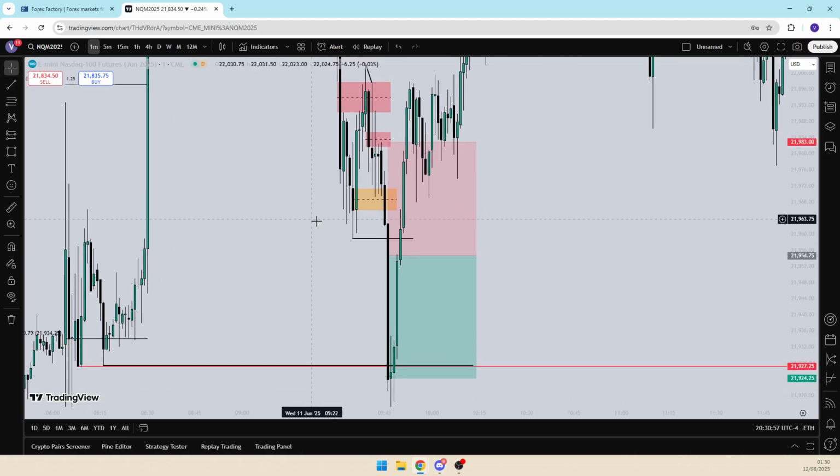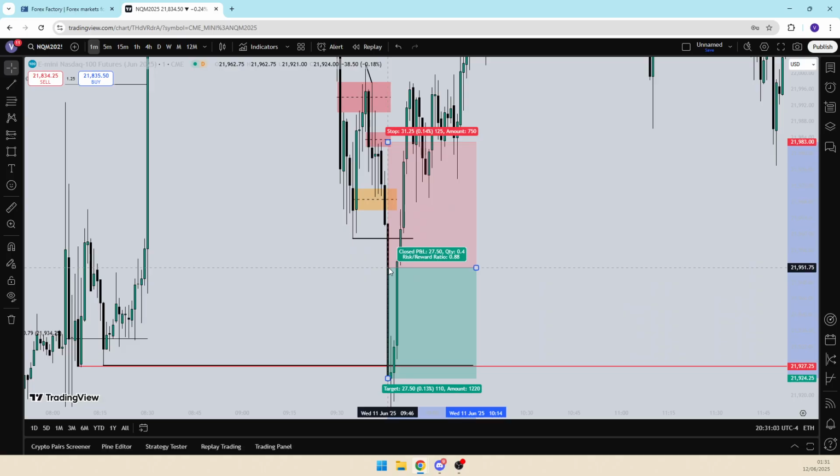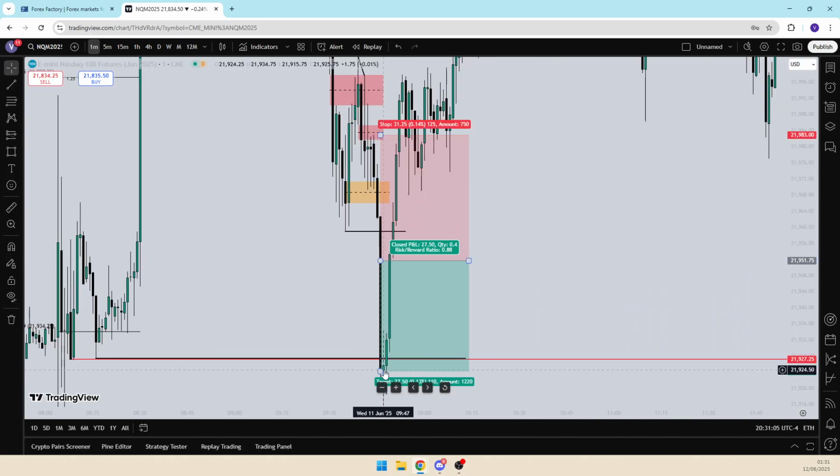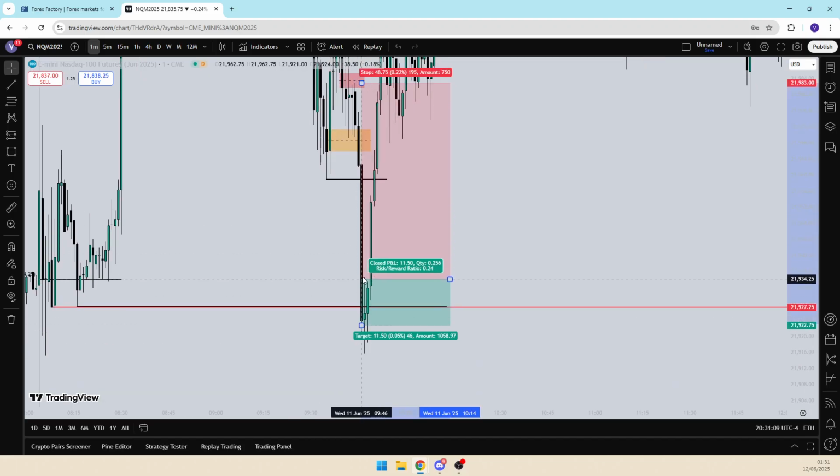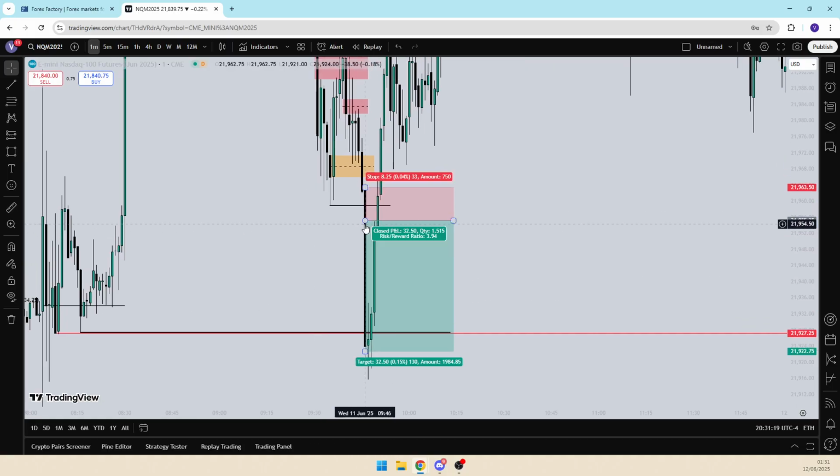To be honest, you can even enter here, bro, because I did see this live and the candle was going up. It's fine if your stop loss is 30 points and your TP is 30 points. But you don't want to enter here, because if you do enter here, your stop loss has to be above the candle because of the displacement.